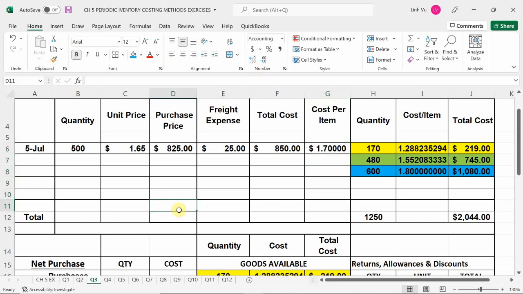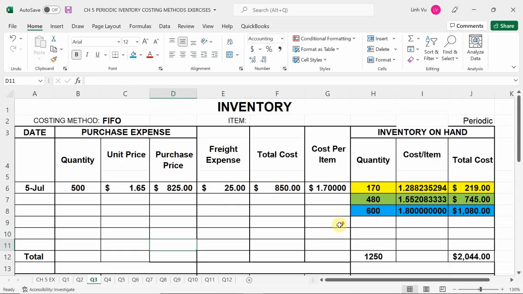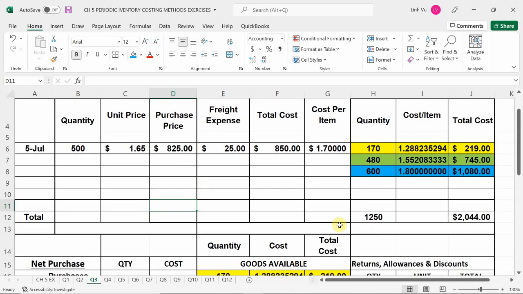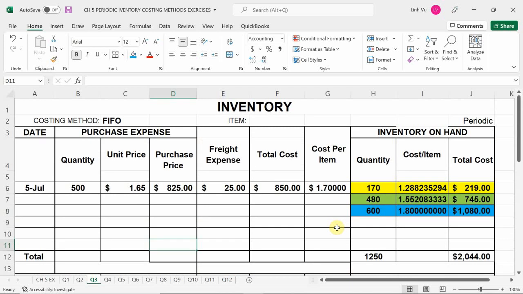So another question here is, can I not just transfer this amount into my goods on hand? You can if you like, but there's no way that we can predict that this batch of inventory is still going to be intact, because what if we end up making a purchase returns and allowances? Then we have to adjust our inventory accordingly. Rule of thumb: if you want to put it in there, go for it.